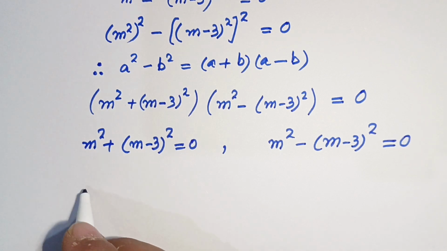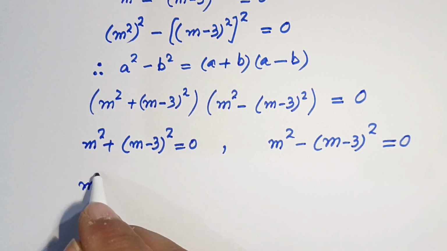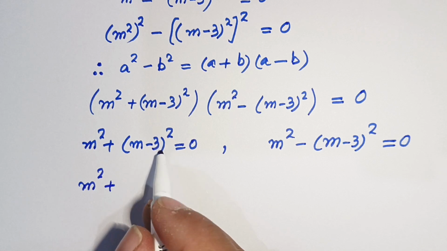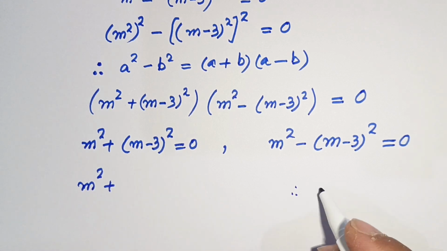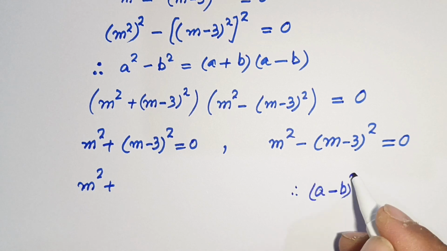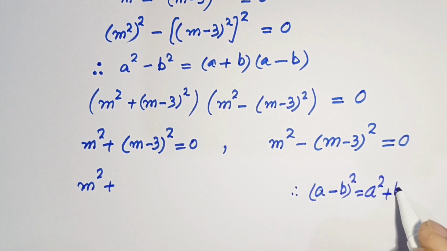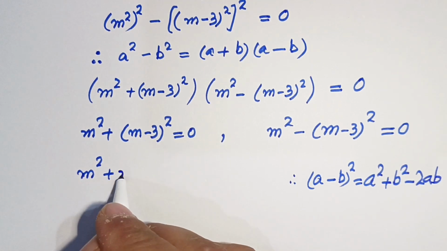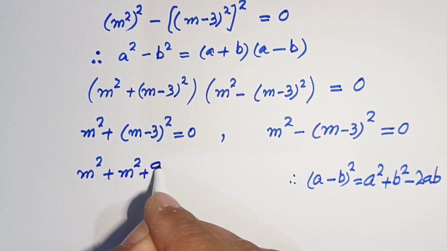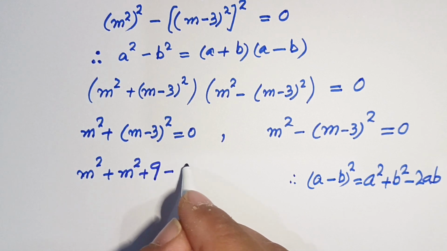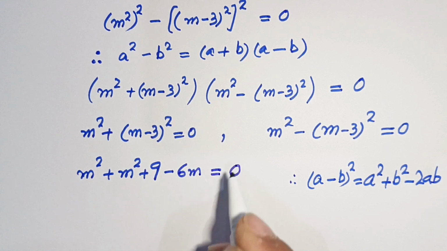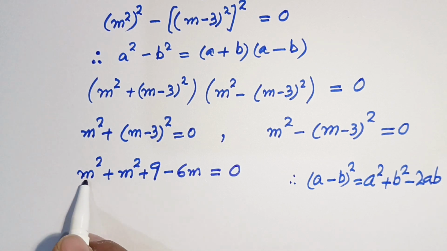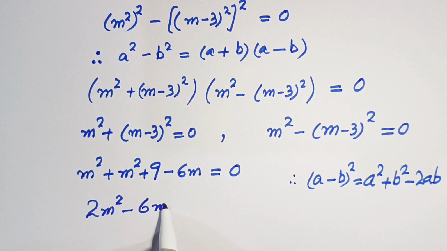Here for (m - 3)^2 we use (a - b)^2 = a^2 + b^2 - 2ab. Using this we get m^2 + m^2 + 3^2, that is 9, minus 2 times 3, that is 6, times m, which is equal to 0. Now m^2 + m^2 gives 2m^2, and here minus 6m plus 9 is equal to 0.